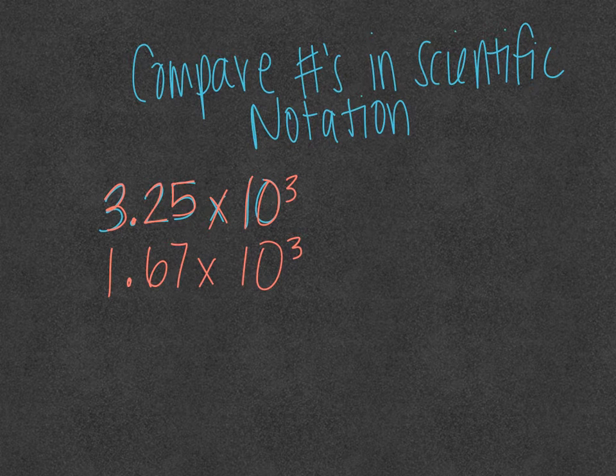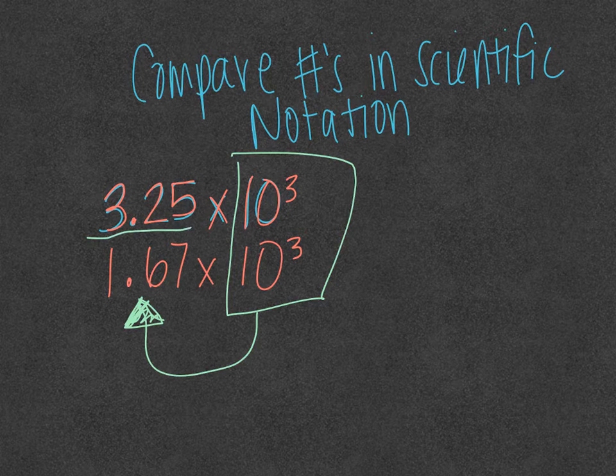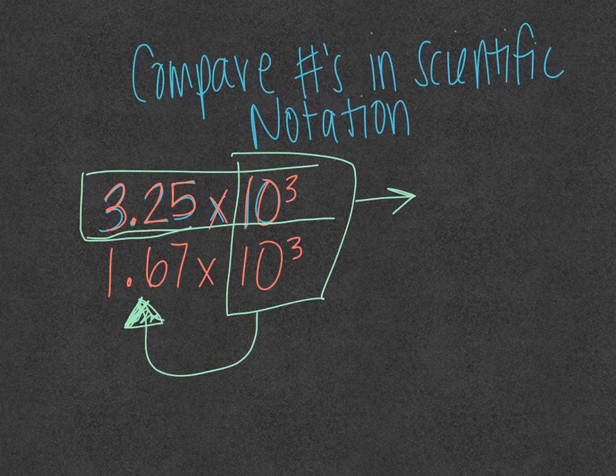Now really, if they have the same power of 10, so right now we're looking at 10 to the third power, then really all you have to do is look at the coefficients to compare them. Very simple. So because they have the same power of 10 and 3.25 is a larger decimal than 1.67, this 3.25 times 10 to the third power is going to be the larger number.